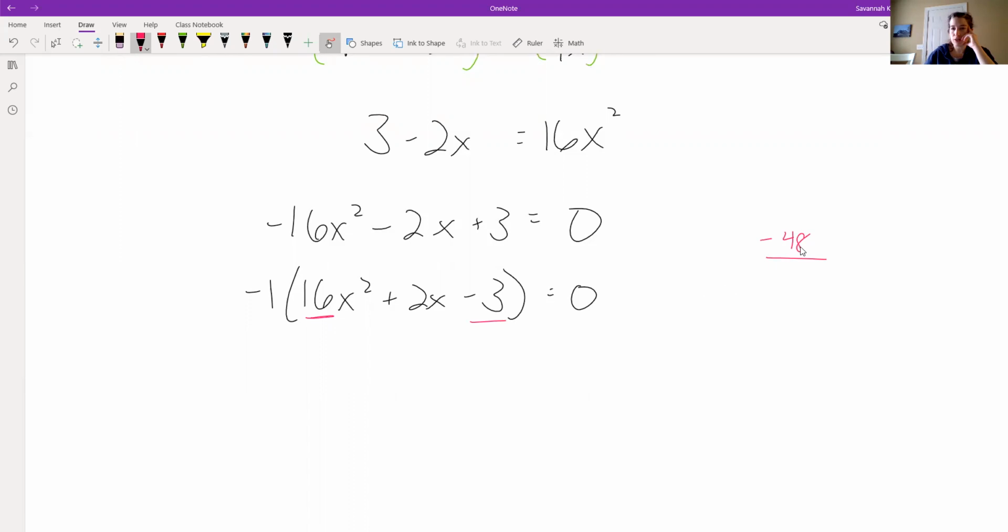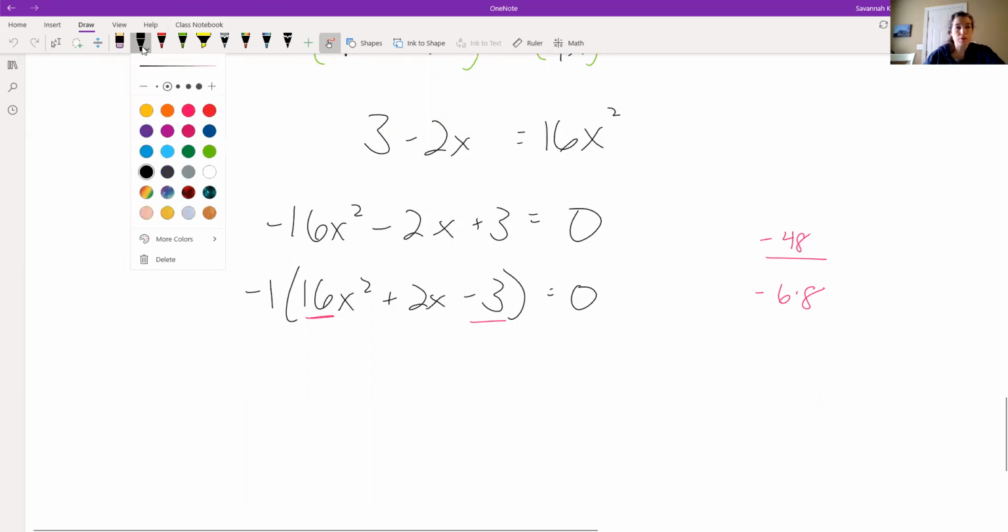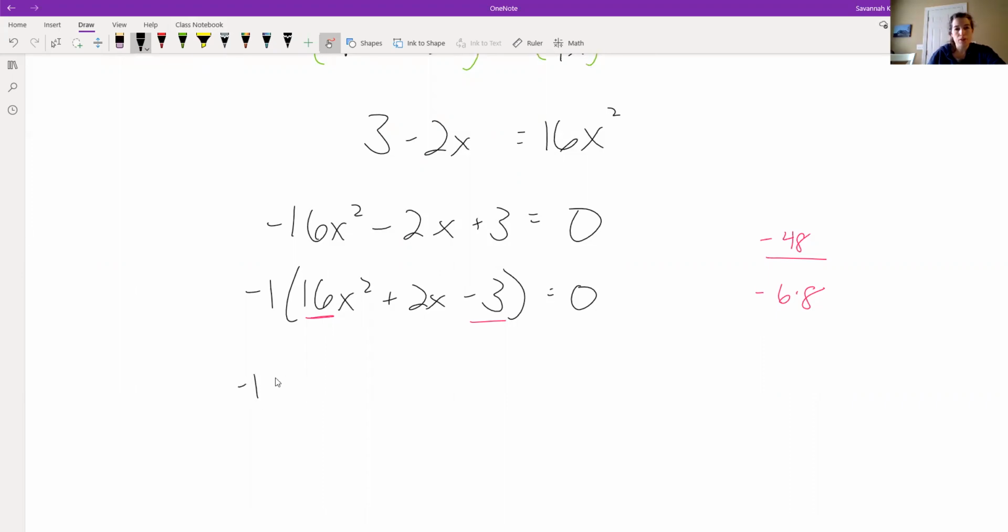Okay, so I need the factors of -48 that add to be +2, and it's going to be -6 times 8, because -6 plus 8 would give us that +2. So I can leave the beginning and the end alone, just expand there in the middle.